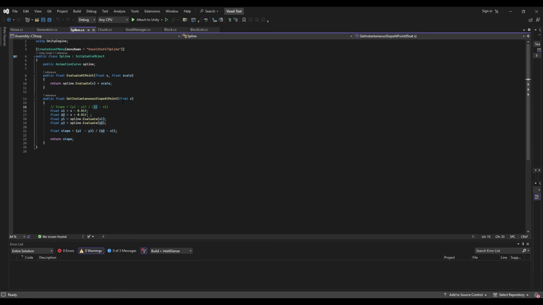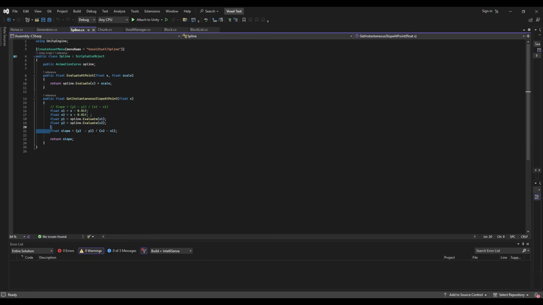So if you want to find the slope at point 10, we go to 10.01, and then at 9.99. And then the height at those values would be our y2 and y1.